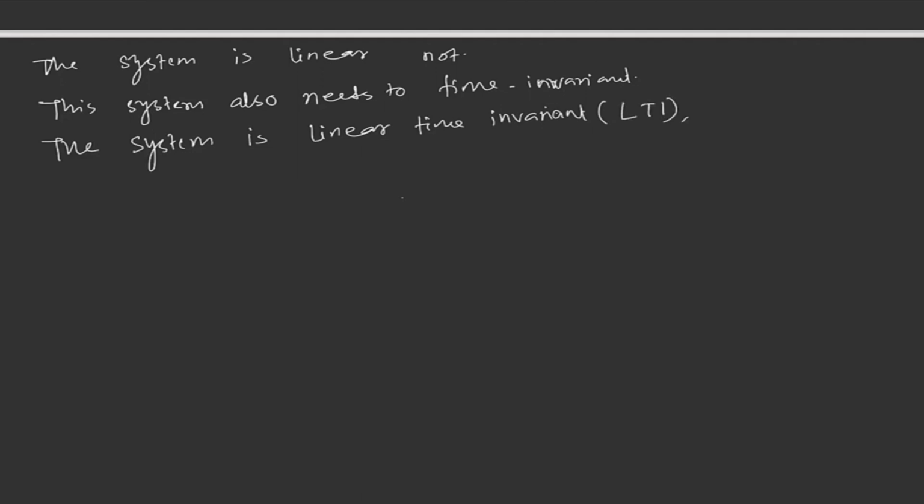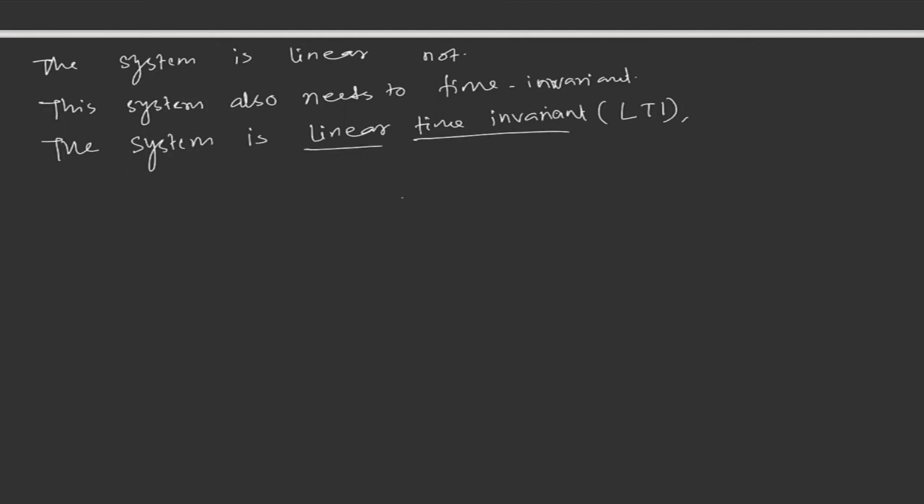Because in this course, we'll be designing the control algorithm for LTI systems. So through the above theorem, we can check whether my system is linear or not. Now you also have to check whether the system is time varying or invariant. That is also needed to prove. So let's see how we can prove the system is time invariant or not.